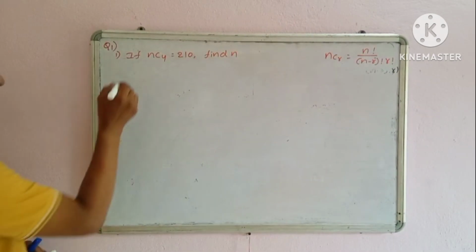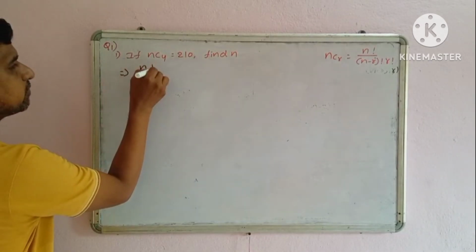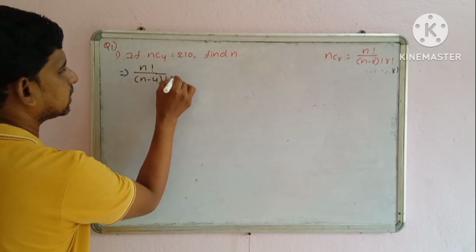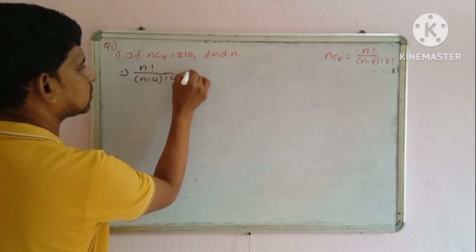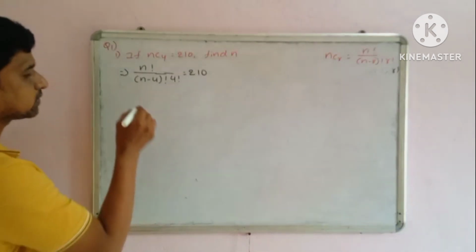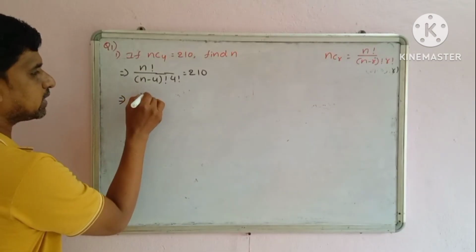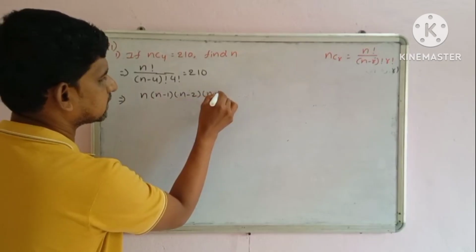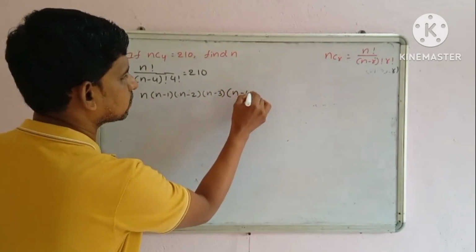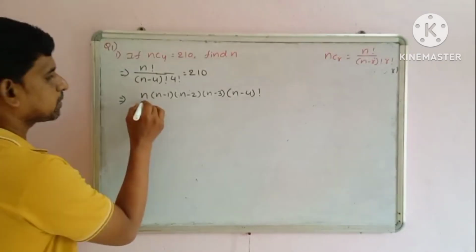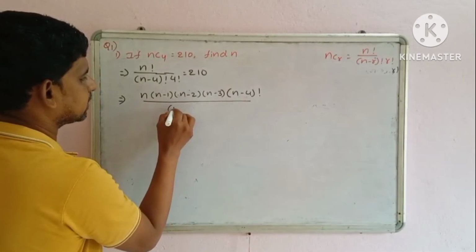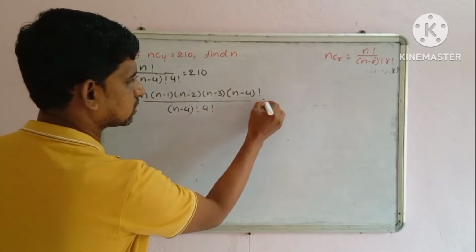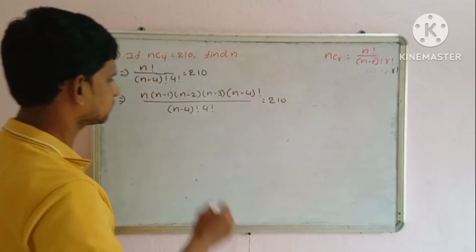So nC4: n factorial by (n minus 4) factorial into 4 factorial equals 210. So n factorial can be written as n times (n minus 1) times (n minus 2) times (n minus 3) times (n minus 4) factorial by (n minus 4) factorial into 4 factorial equals 210.